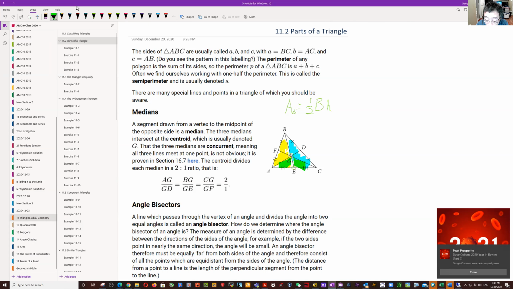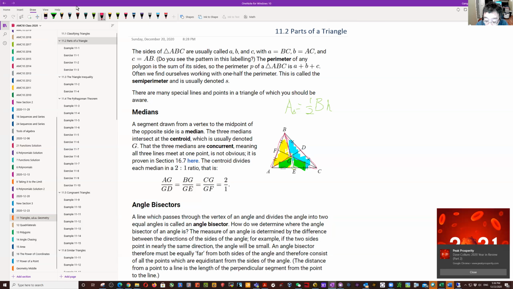Basically, the little triangles sharing the side and sharing the centroid have the same area between them. Then the bigger triangle minus the lower triangle is the same, so we prove that those two triangles also have the same area.